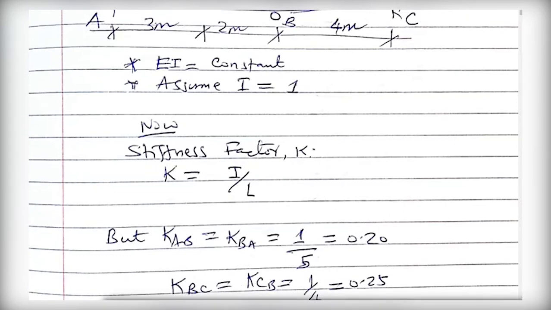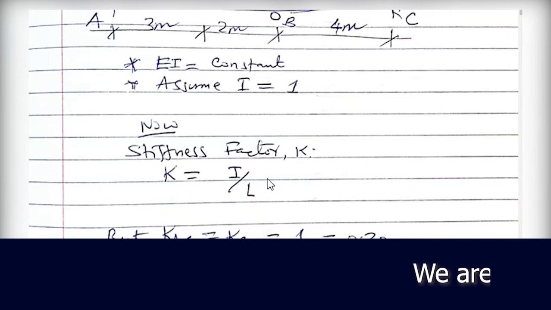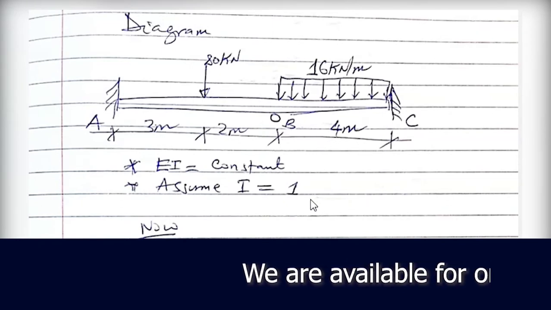The first procedure, as you see, we find the stiffness factor, which is K, in which K is a function of I and L, from support A to B and support B to C.